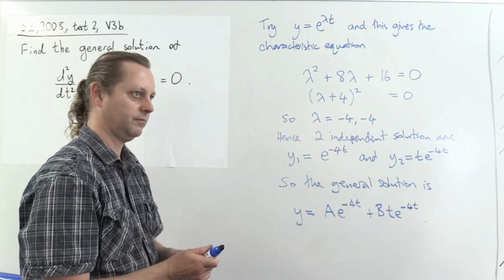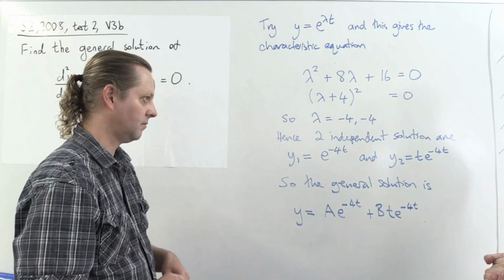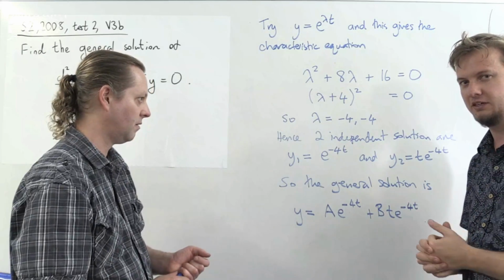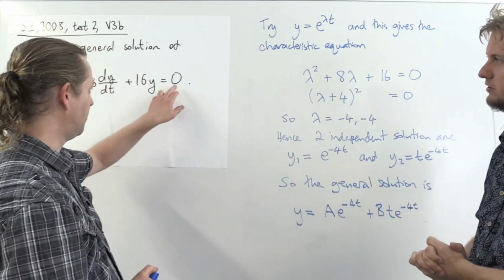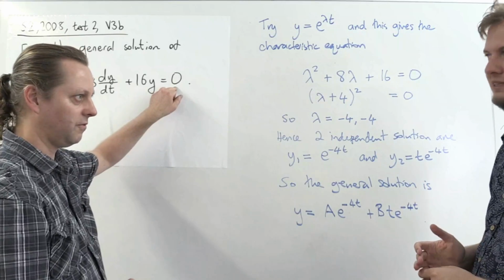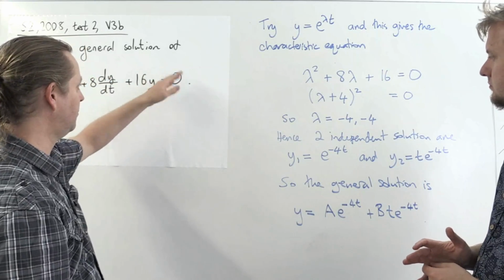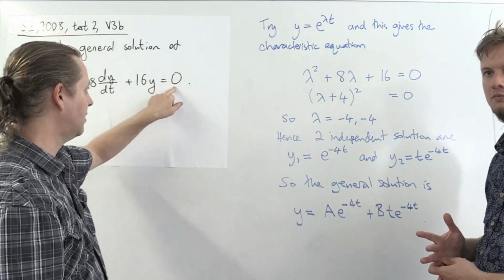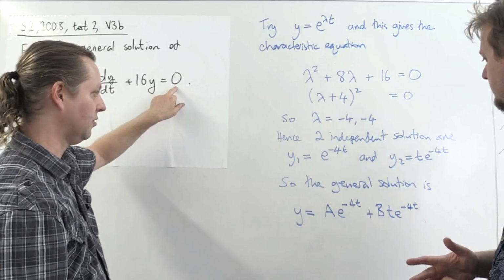What do you reckon? Yep. Should we mention what happens? There are a few questions where you're asked to have a guess at least at a particular solution. Yeah, so sometimes if there wasn't a zero on the right hand side, you would first of all solve the equation with a zero, and then you'd also be looking to guess or find a particular solution to the equation with something non-zero there.